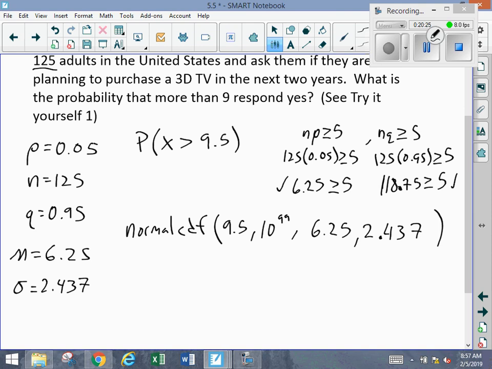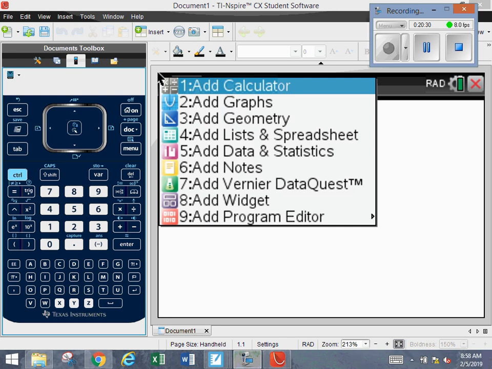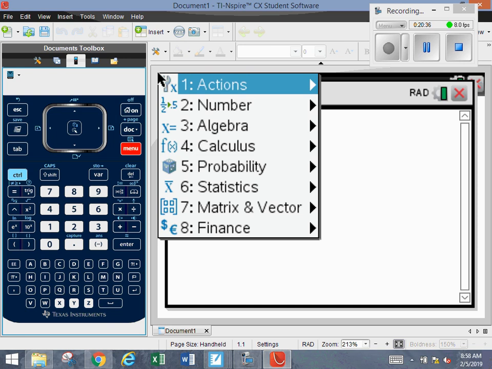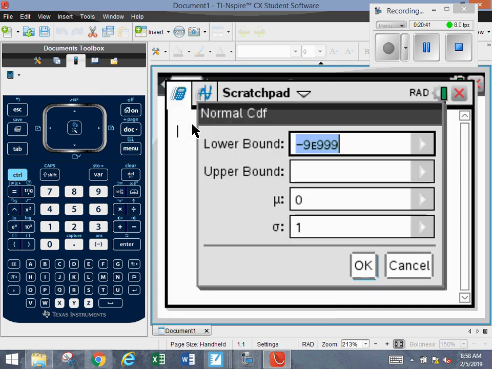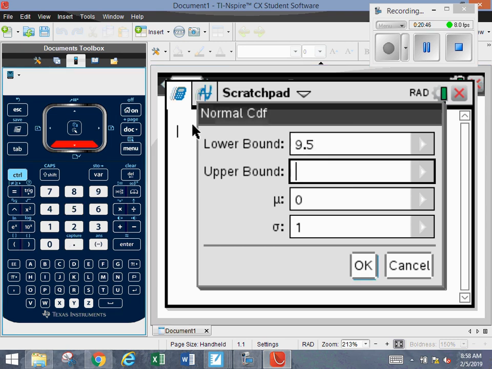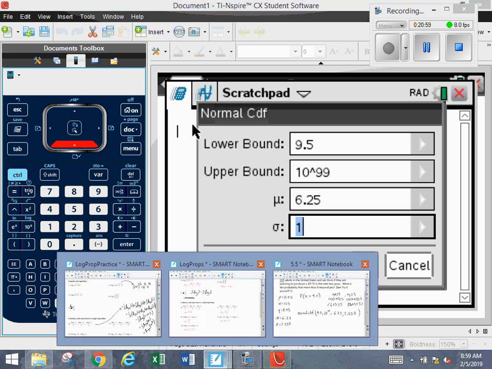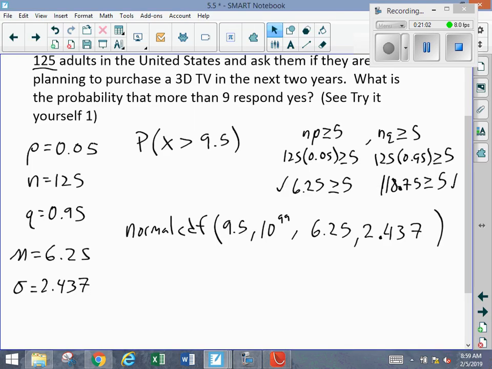All right, let's put that into our calculators. We will go to menu, probability, distributions. Same place we've been going the whole time. Normal CDF, our lower bound was 9.5. Upper bound was 10 to the 99th power. Mean 6.25. Standard deviation 2.436.